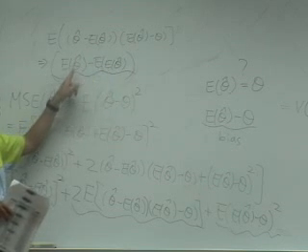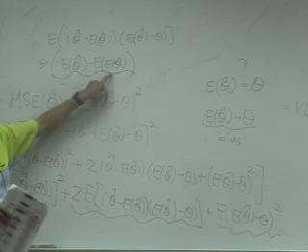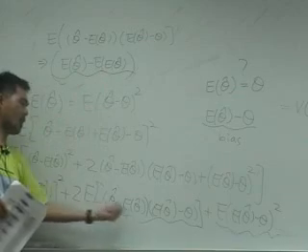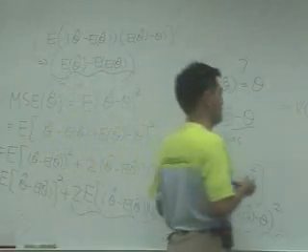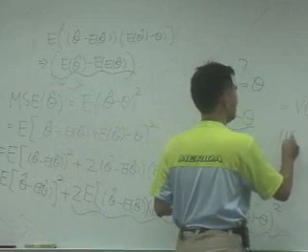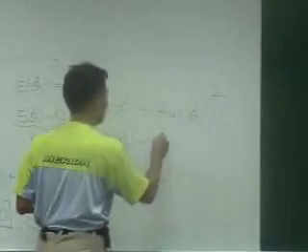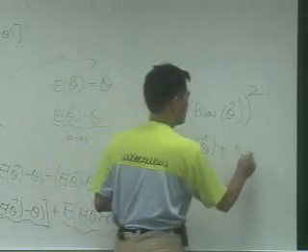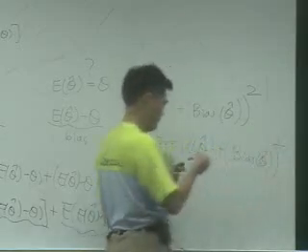No. So this will be expectation theta hat, and here also expectation theta hat. So this part is equal to 0. Then what you get is MSE of theta hat is equal to variance of theta hat plus bias of theta hat squared.